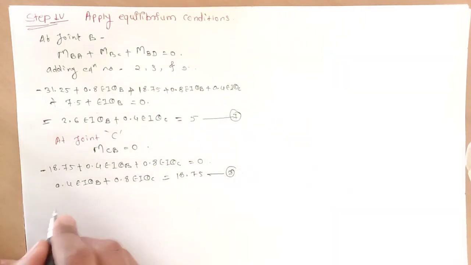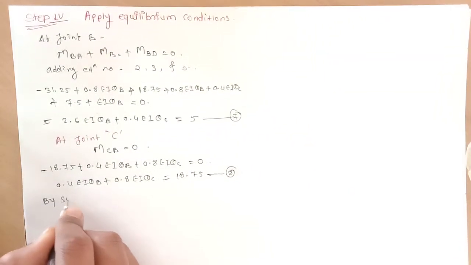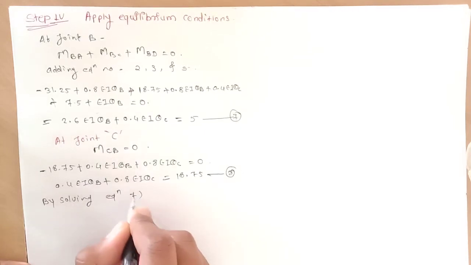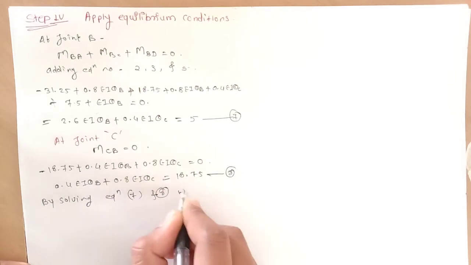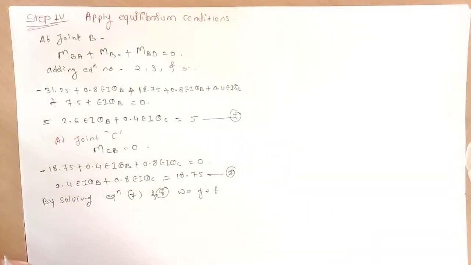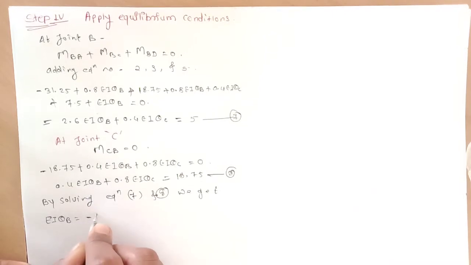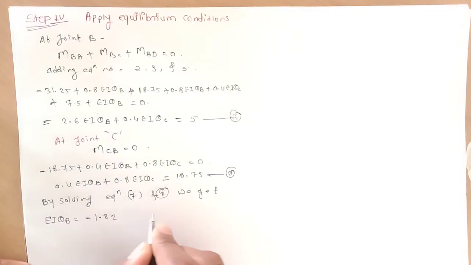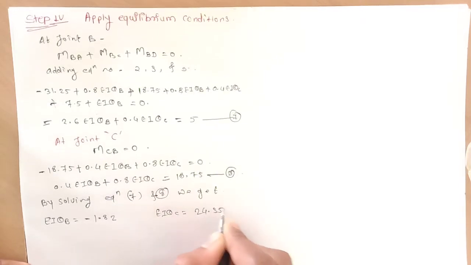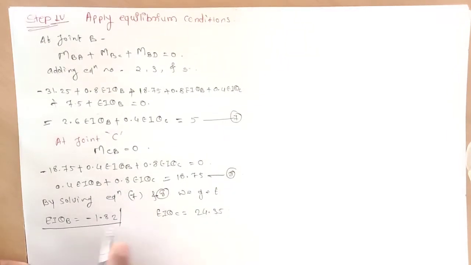Then next, by solving equation number 7 and 8, we get the values of theta B and theta C, that is the unknown displacements. So here EI theta B is equal to minus 1.82 and EI theta C is equal to 24.35. These are our unknown displacements.